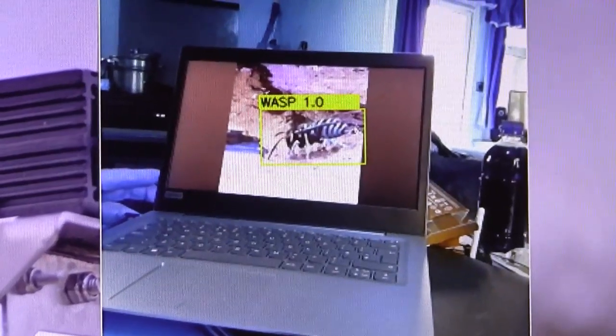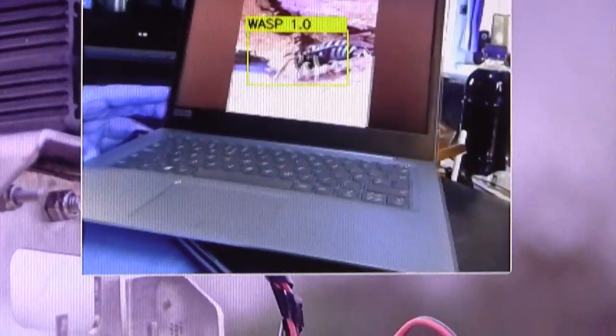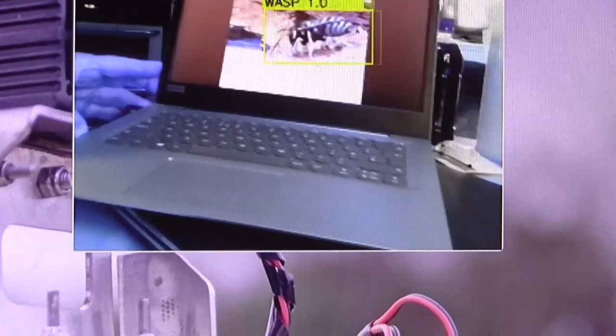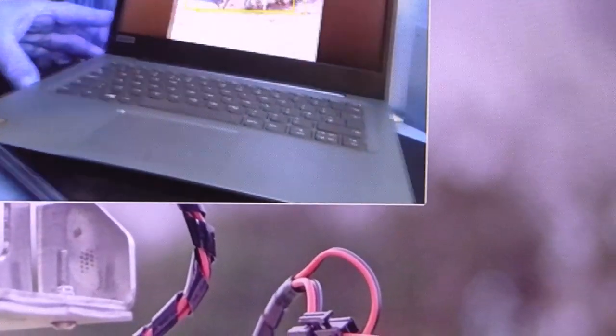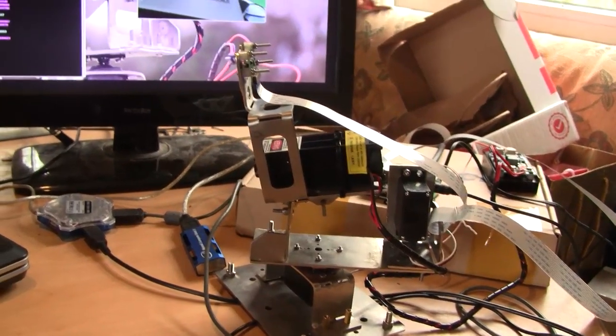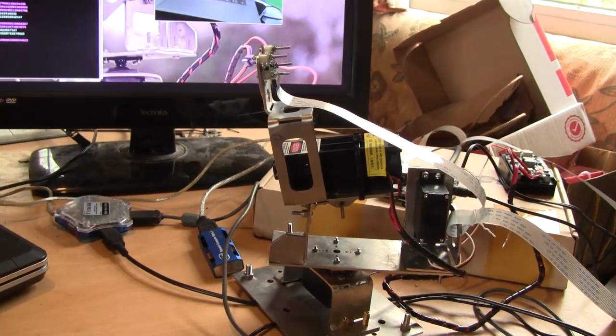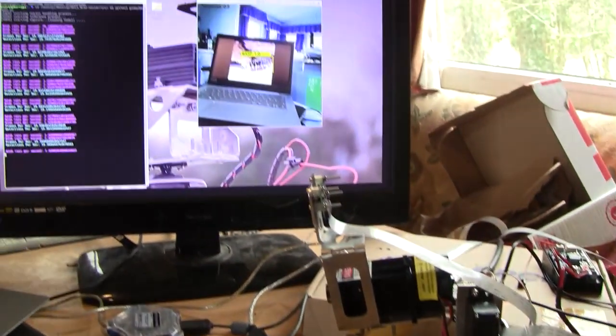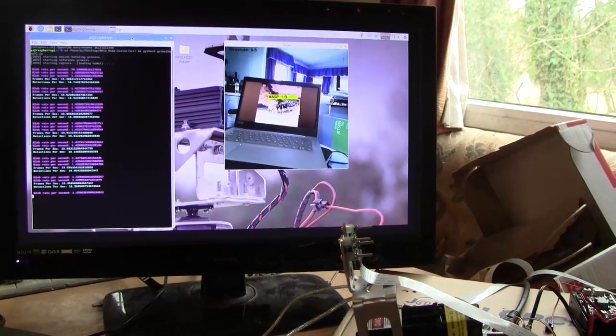The mobile SSD network is supposed to have 20 different object types in it, and I've just used one object, the wasp. So if I retrained it with 20 different types of wasp, or wasps and caterpillars, or wasps and slugs, or whatever, then it should work a lot better.